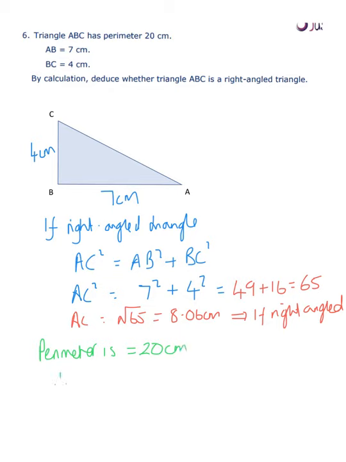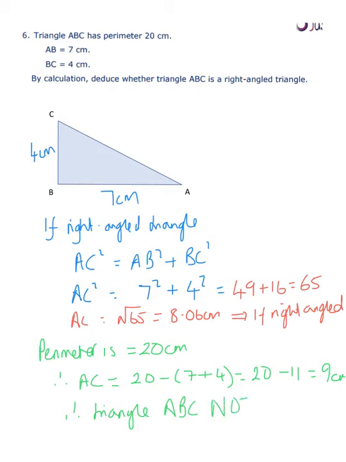Therefore, we know that AC is actually equal to 20 minus (7 plus 4), the length of the other two sides, which is 20 minus 11, which equals 9. So therefore, triangle ABC is not right angled.